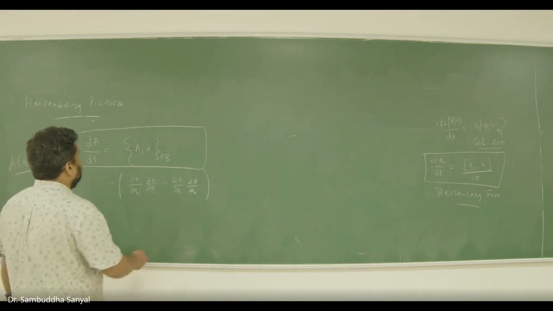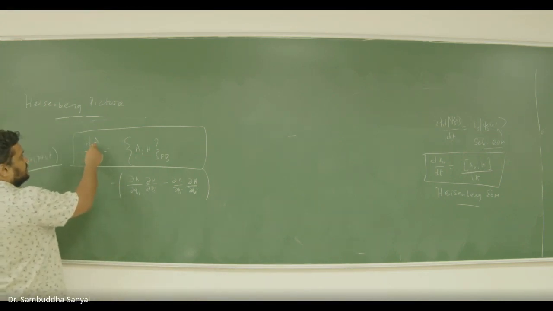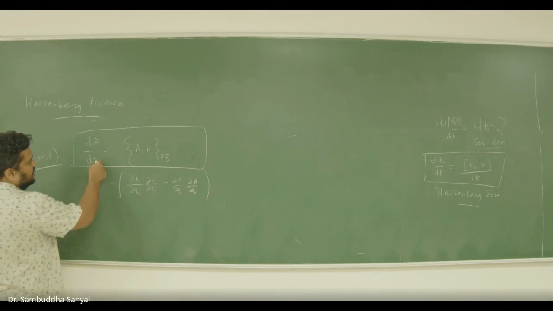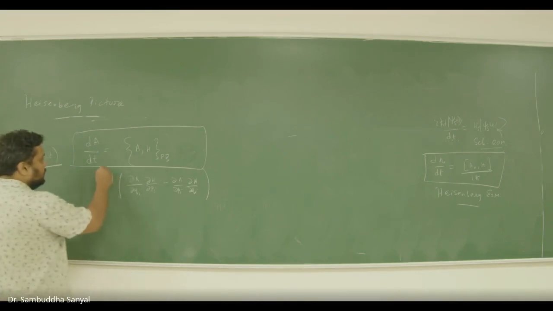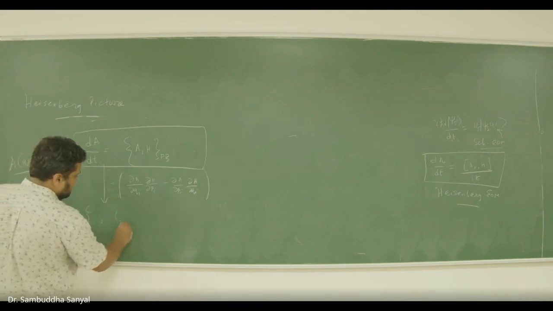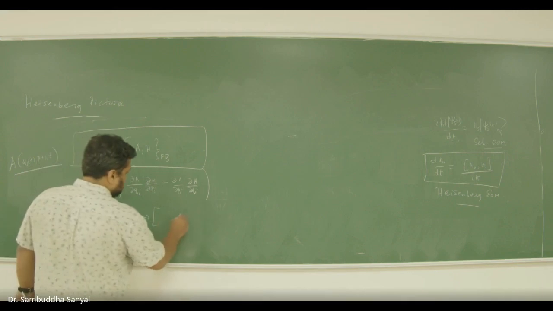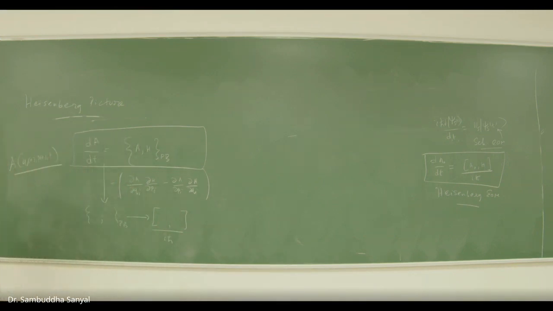And you can say that you can take a classical observable A, and its dynamics is given by this, and you can simply go to quantum by replacing this by the commutator divided by i h bar. And one more thing, of course, you have to put a hat on everything.